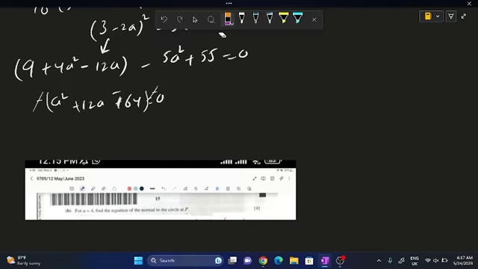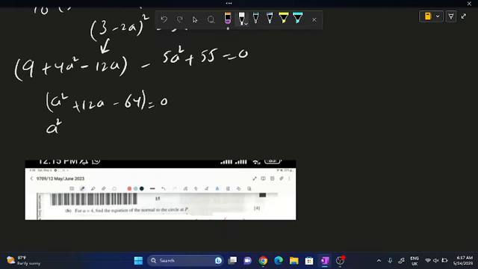As a whole, I can say my equation will be reversible into a squared plus 12a minus 64 is equal to 0. I just took minus common, nothing else, for easy steps.